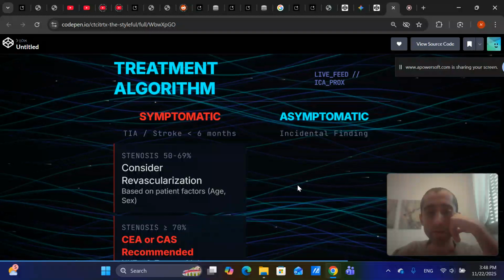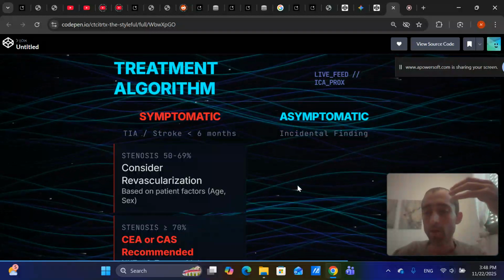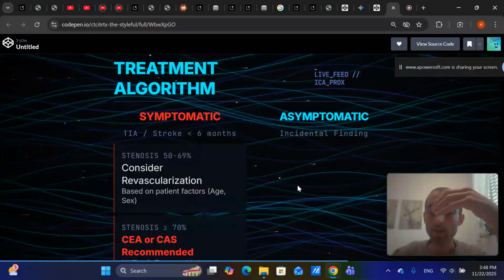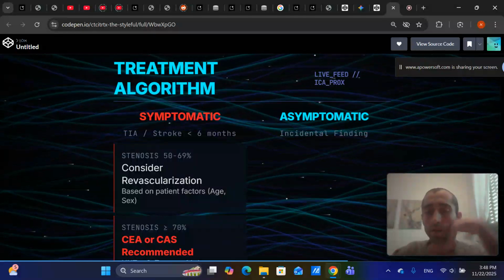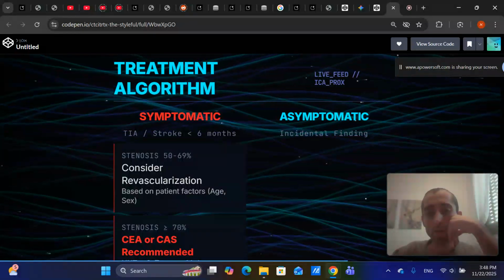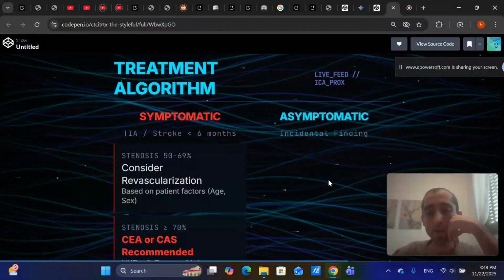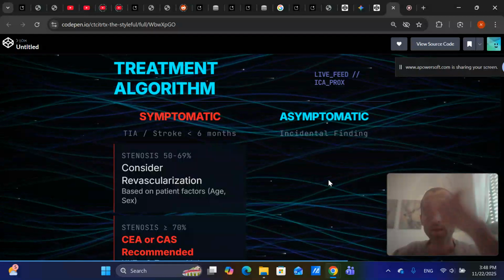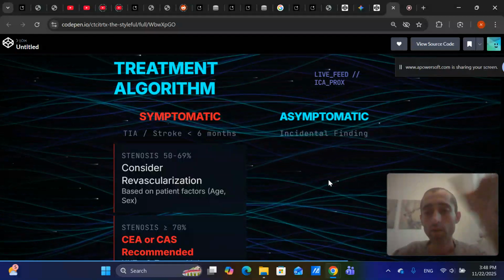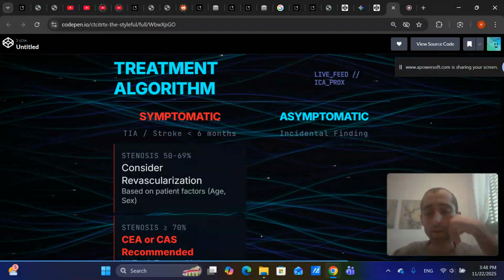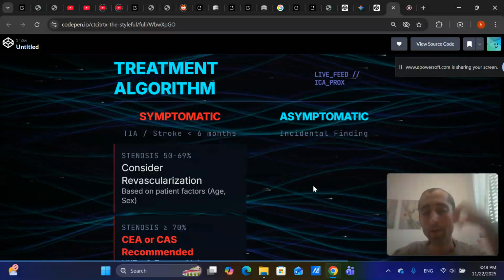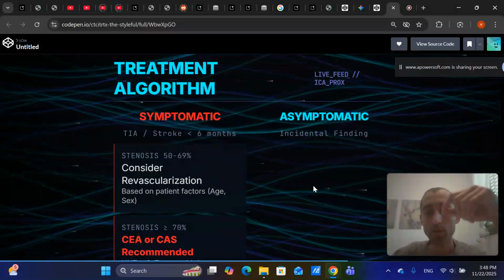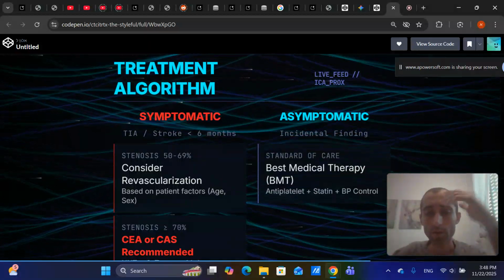Now, for asymptomatic patients, it's based on the fact that less than 60% you won't touch them, namely you give them best medical therapy and leave them alone. Between 60 to more than 80%, somewhere there, let's take the average of more than 70% of stenosis, you will consider in certain types of patients to do a revascularization.